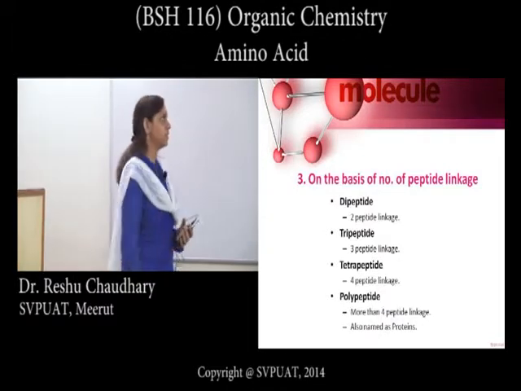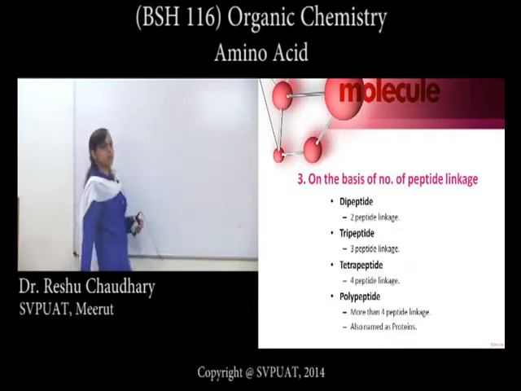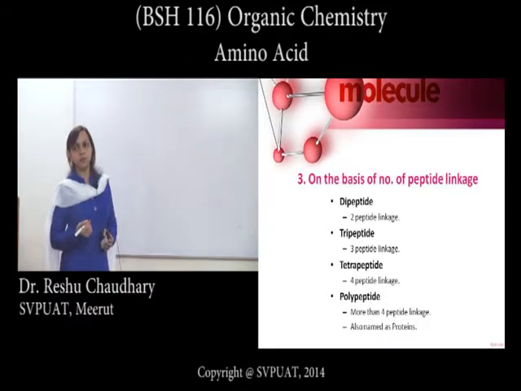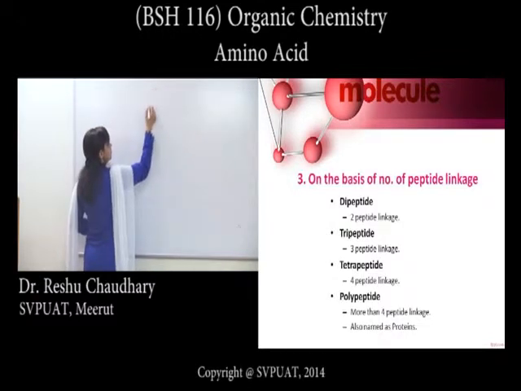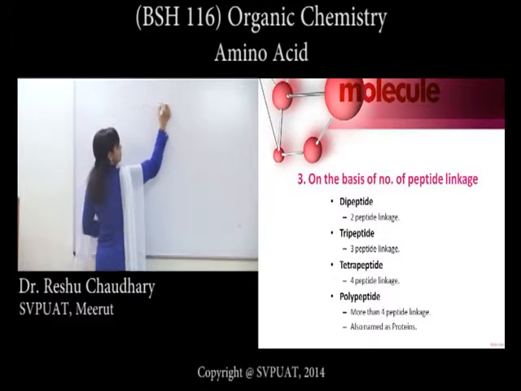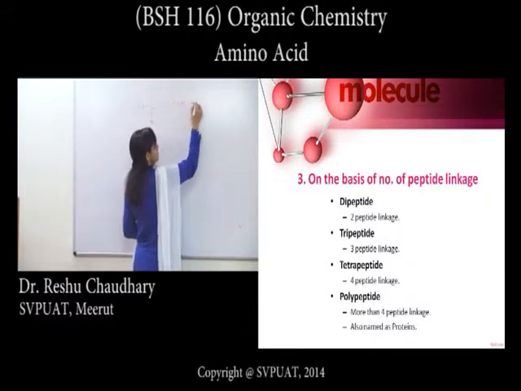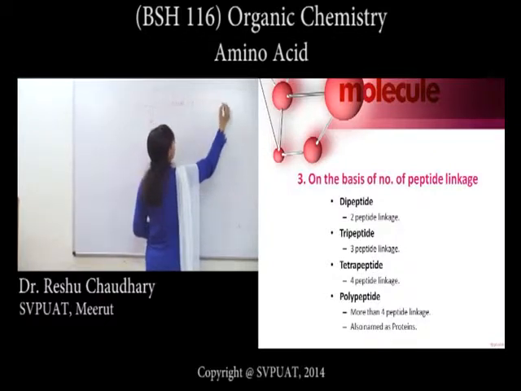When two amino acids are joined together by the elimination of one water molecule, the bond formed is known as a peptide bond, the product formed is known as a peptide, and the linkage is known as peptide linkage or amide linkage. This is one amino acid and this is another amino acid.